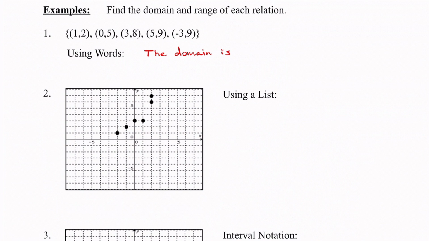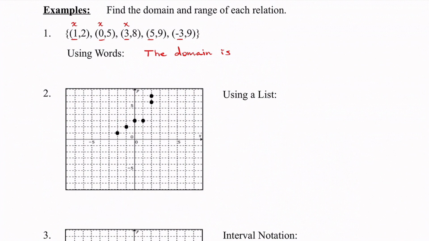Now remember, the domain was the first element in our points. So it was all of these points right here. So it was the 1, the 0, the 3, the 5, the -3. So we are going to write those out, but whenever you are listing out the domain, you want to write it from smallest to biggest.